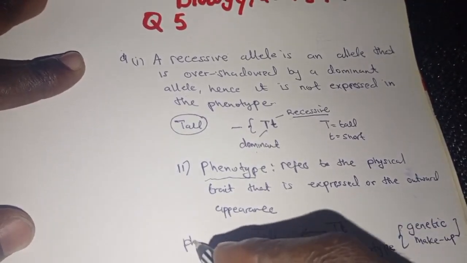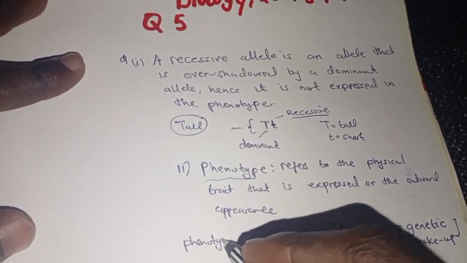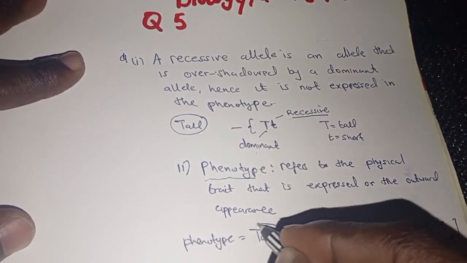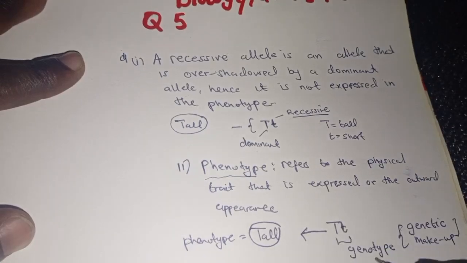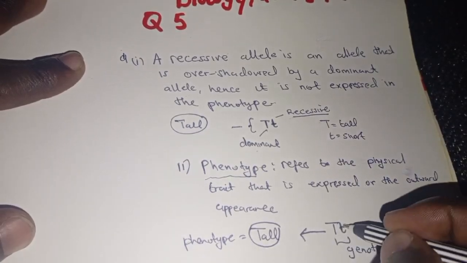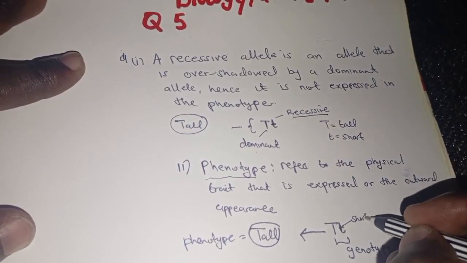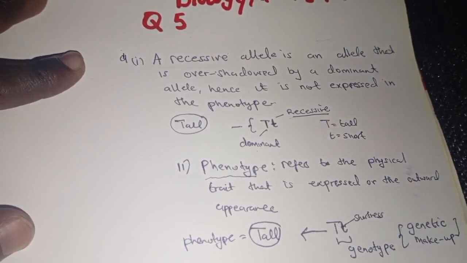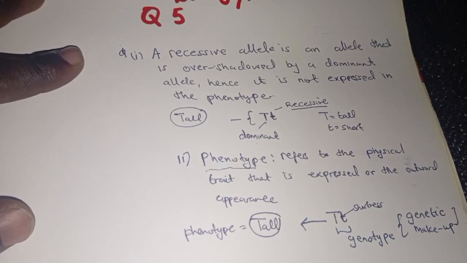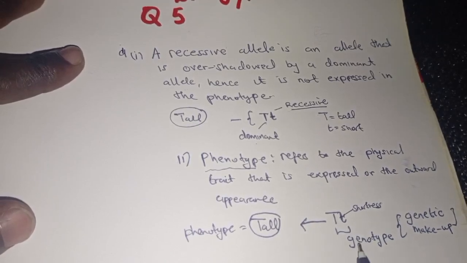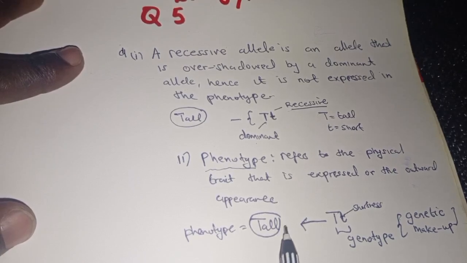Someone can look tall, but in their genotype, in the genes, they have shortness in them. This explains why someone can be tall but yet give birth to a short child. The genotype you can't see unless you use certain machines, but what we see on the outside is simply the phenotype.